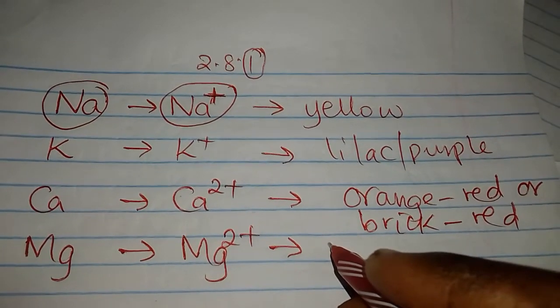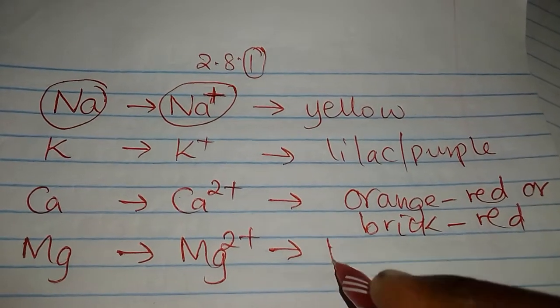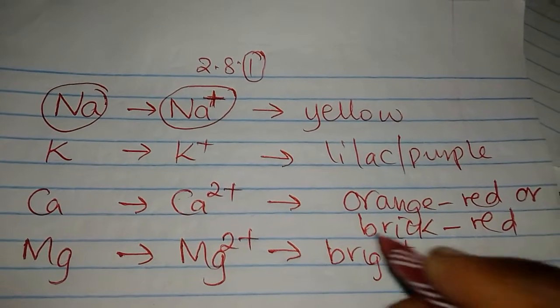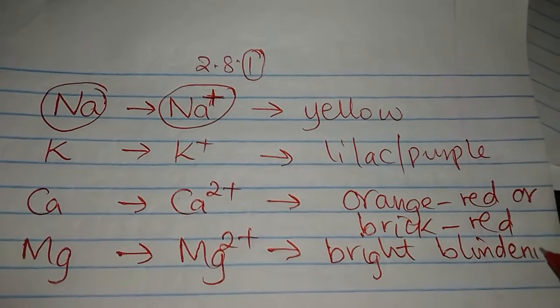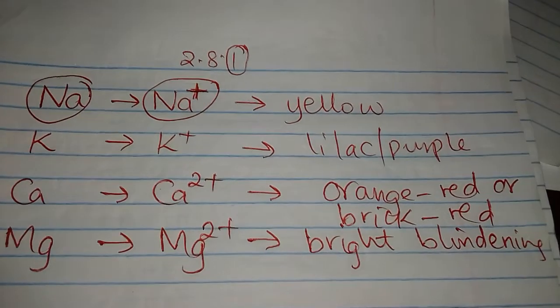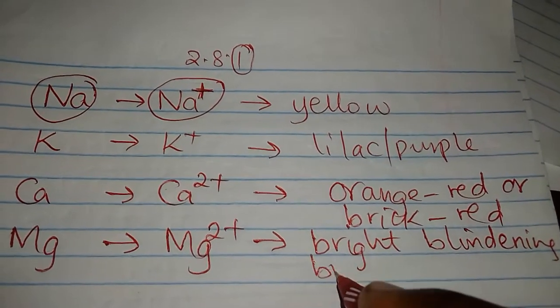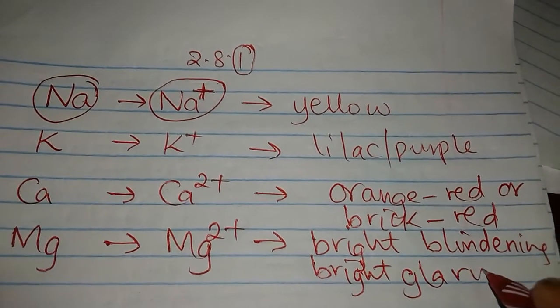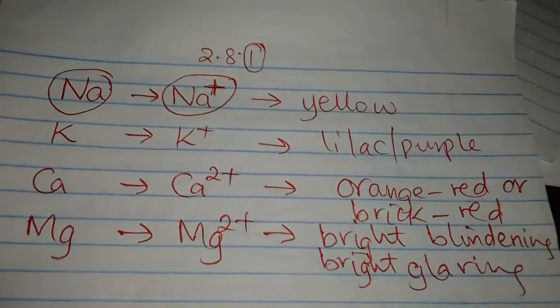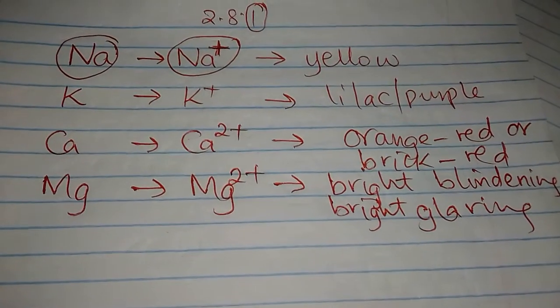In this case, I'm supposed to have what we call a bright blinding flame. People can call it a bright blinding flame or a bright glaring flame. These are two phrases that communicate the same information.